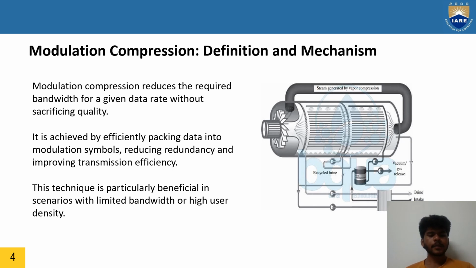It is achieved by efficiently packing data into modulation symbols, reducing redundancy and improving transmission efficiency. The technique is particularly beneficial in scenarios with limited bandwidth or high user density.